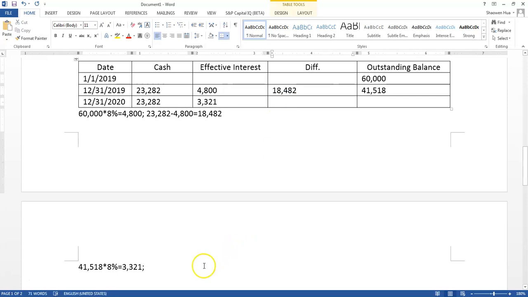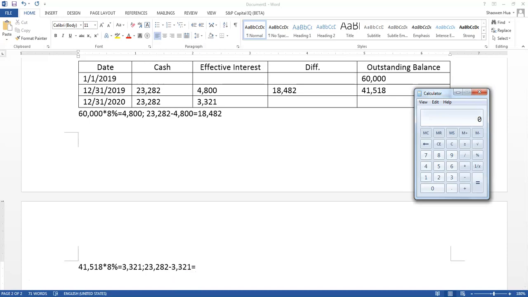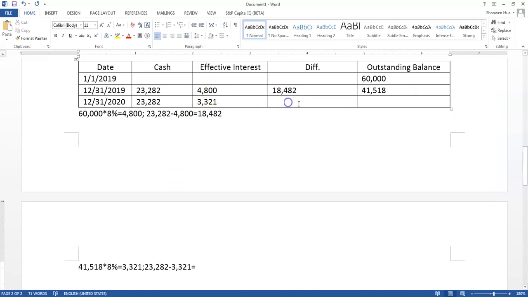The remaining pays off the principal. So the difference column is $19,961.